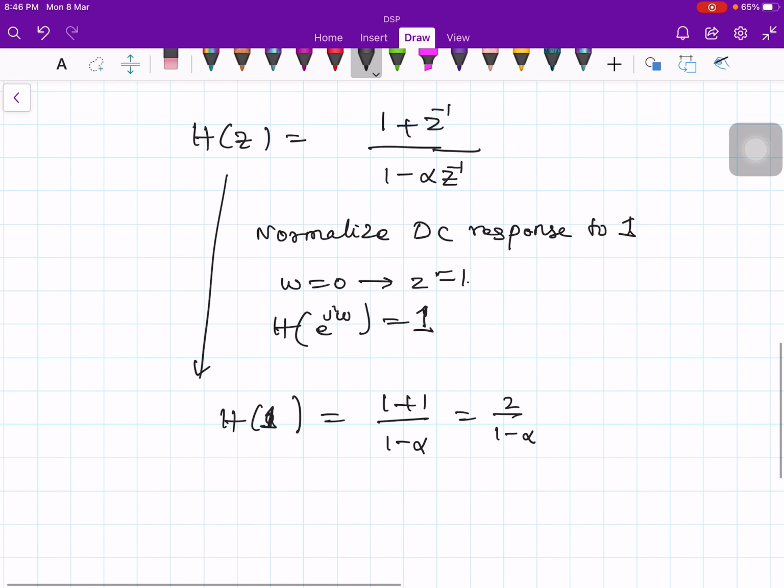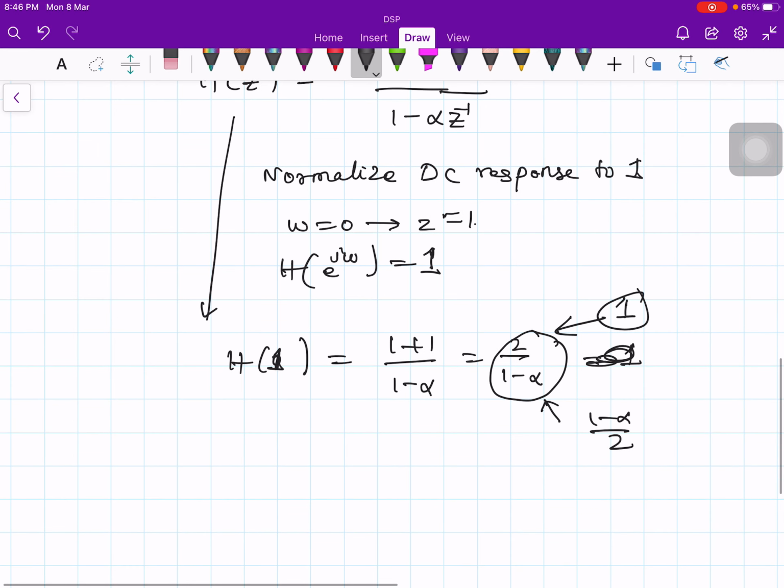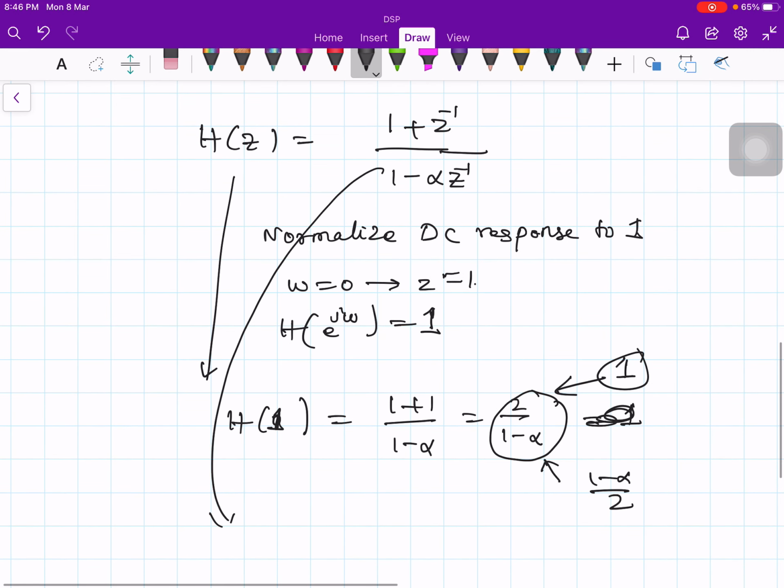Now I need to make this unity. How could I do that? I want to make this 2 by 1 minus alpha equal to unity. What shall I do? If I multiply it by a factor of (1 minus alpha) by 2, then I'll get unity. Therefore, in this function, let me multiply by (1 minus alpha) by 2 times (1 plus z inverse) divided by (1 minus alpha z inverse).